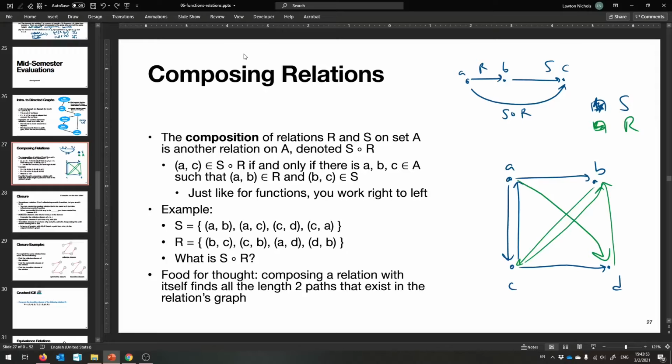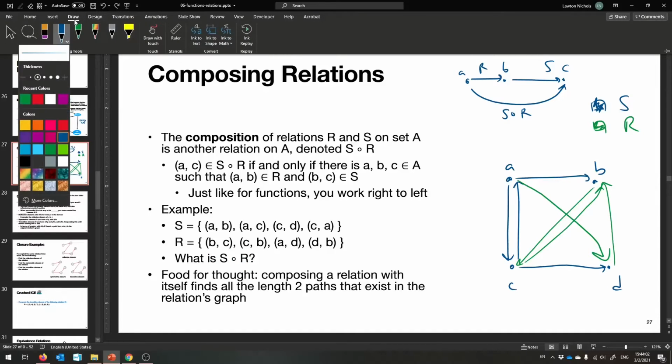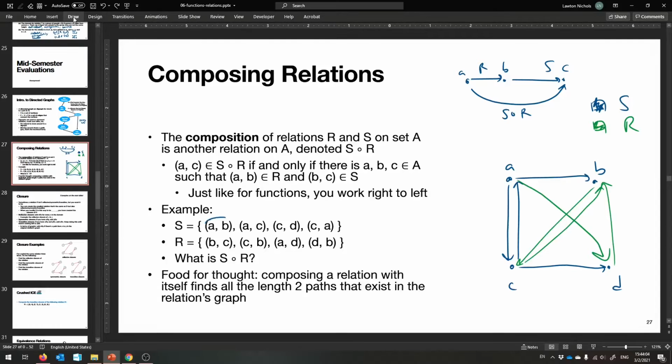So what is S composed with R? You need to find R and then an S. Find where these things match up. If we just follow the definition, we'll notice that, okay, A and B can match up with B and C. Oh, I'm sorry, it's R first.